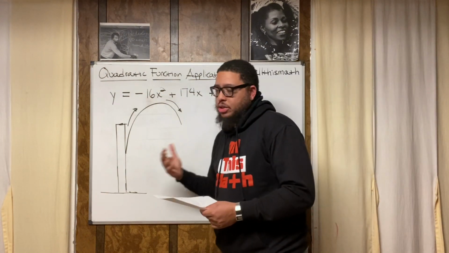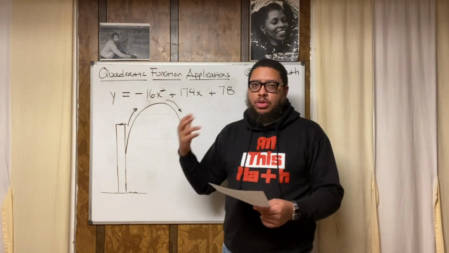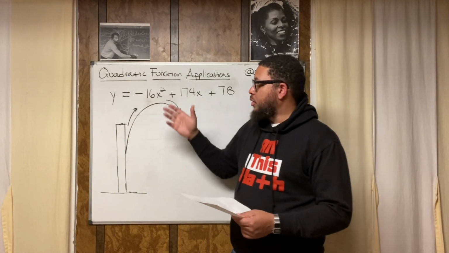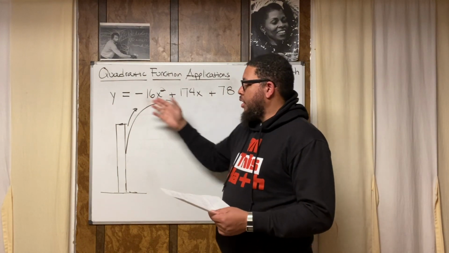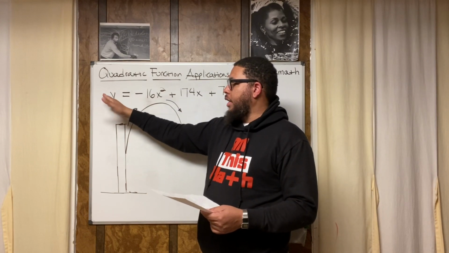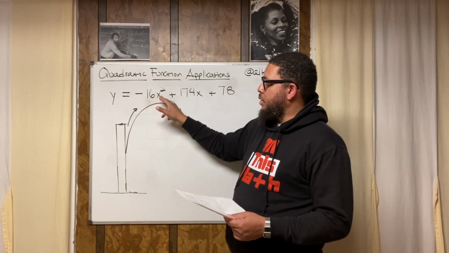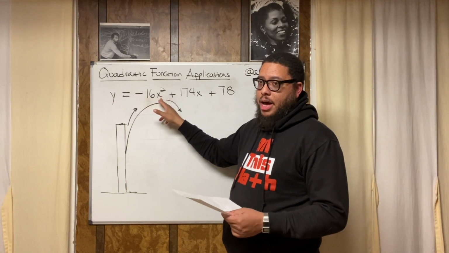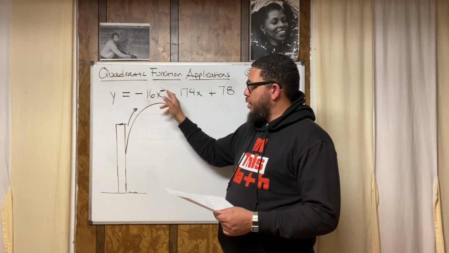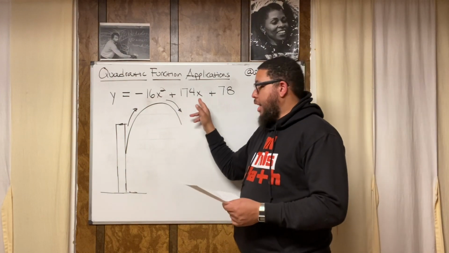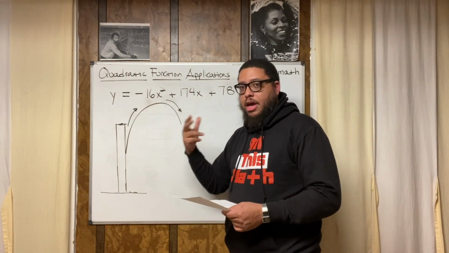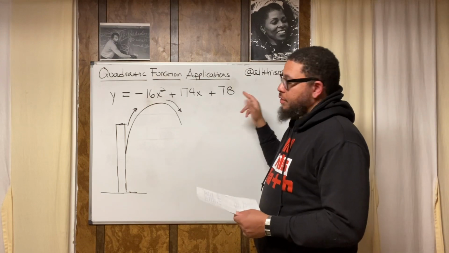This is why equations are helpful and why we use word problems, so we can figure things out. So based on this equation that we're given, if you want to find the height of this rocket at any point, you would do -16 times the amount of time that has gone by after its launch squared plus 174 times the amount of time that's gone by after its launch plus 78.